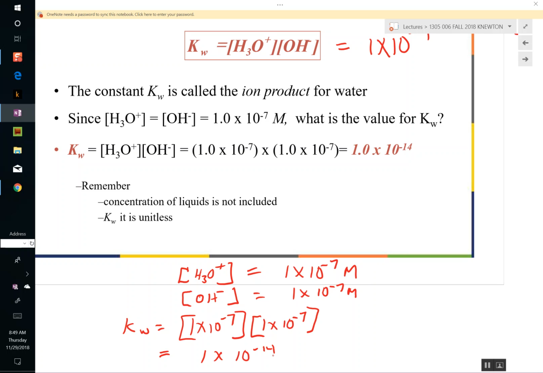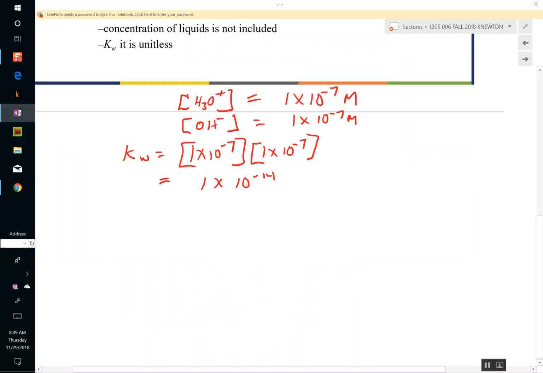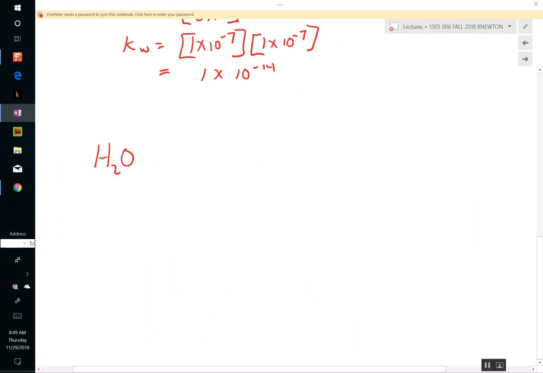Because if you had a beaker of water here with nothing in it but water, there's no acid, there's no base, there's no salt, there's nothing. Water will interact with itself to form a little bit of hydronium ion and a little bit of hydroxide ion.